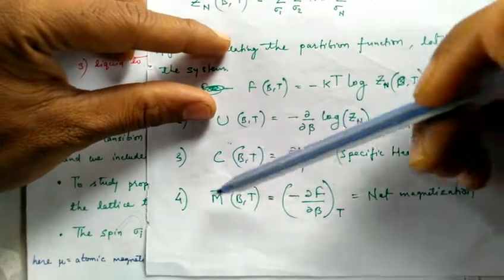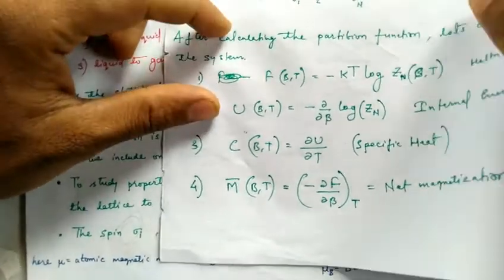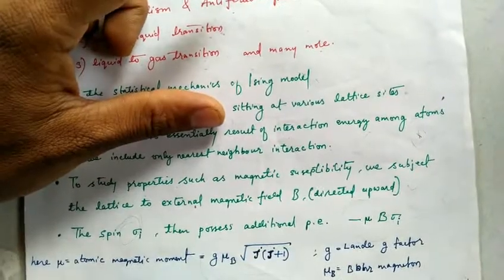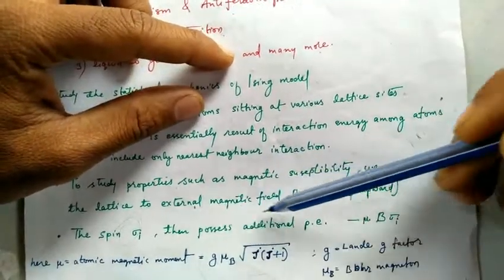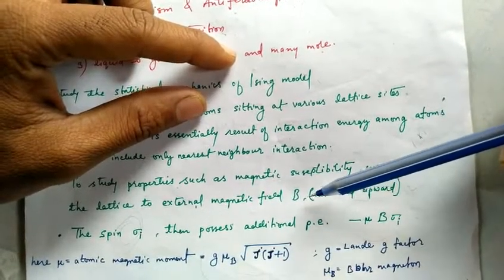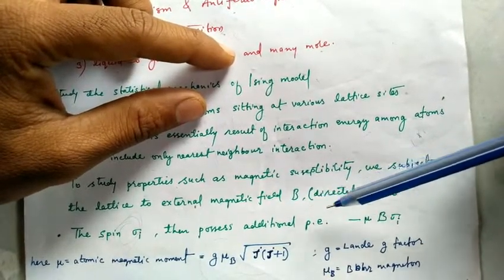So whenever we want to know the susceptibility, we have to subject the lattice to the external magnetic field B. Don't worry, I will explain all these things in more detail.